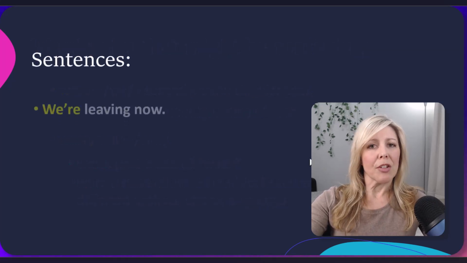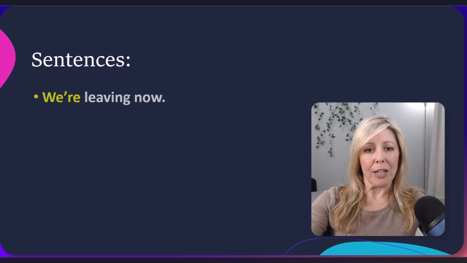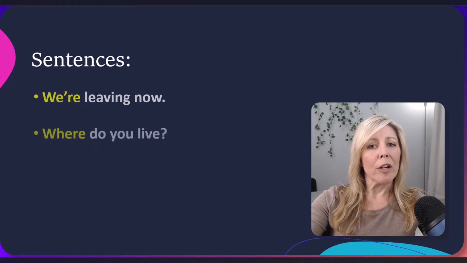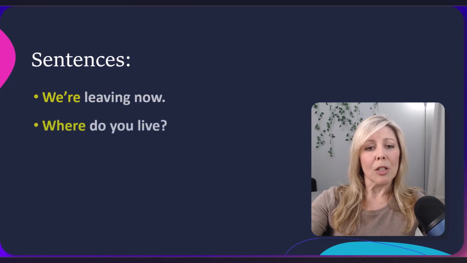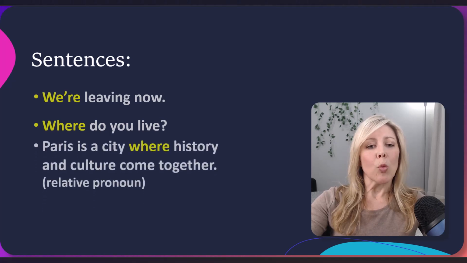So here's some sentences with those last four words. We're leaving now. We are leaving now. We're leaving now. Very common to use the contracted form. Where do you live? Paris is a city where history and culture come together.